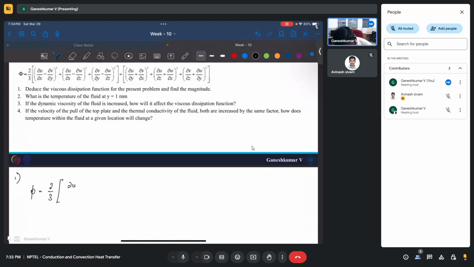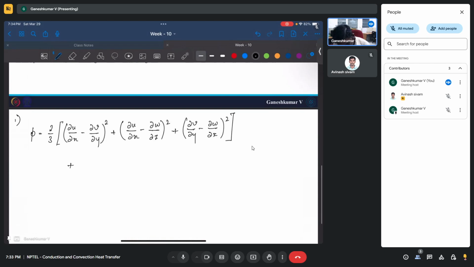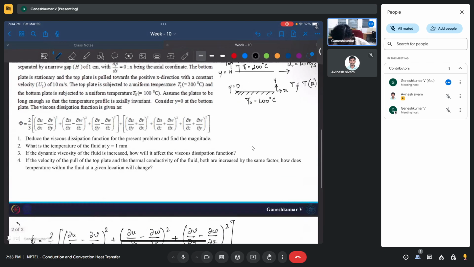So you have dou u by dou x minus dou v by dou y square, dou u by dou x minus dou w by dou z square, plus dou v by dou y minus dou w by dou z square. So this is 2 by 3. Let me write it down in 2 so that it will be clear.